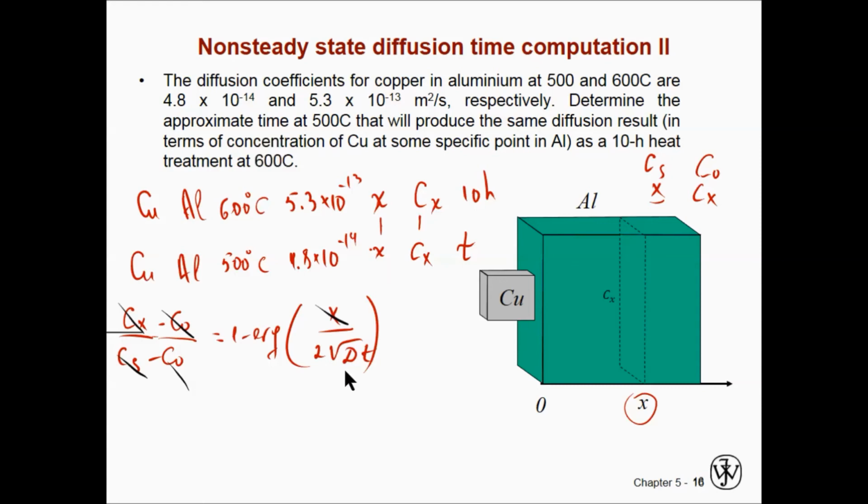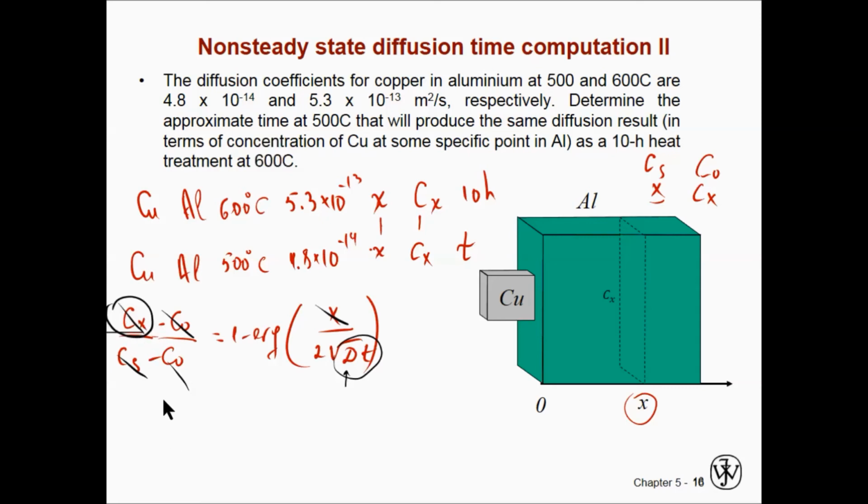So what changes is only this diffusion coefficient over here, because I decreased the temperature. So if I want to get the same CX value, my aim is to get the same CX value. If I keep this constant, if I do all these calculations and carry out the procedure, I can achieve the same Cx value.